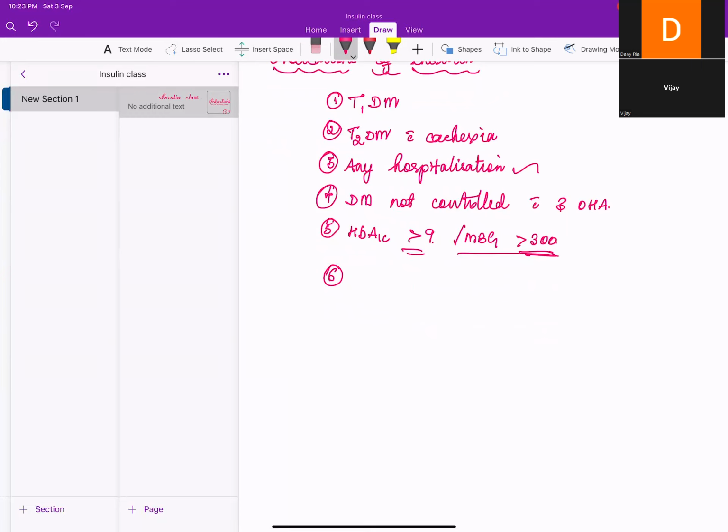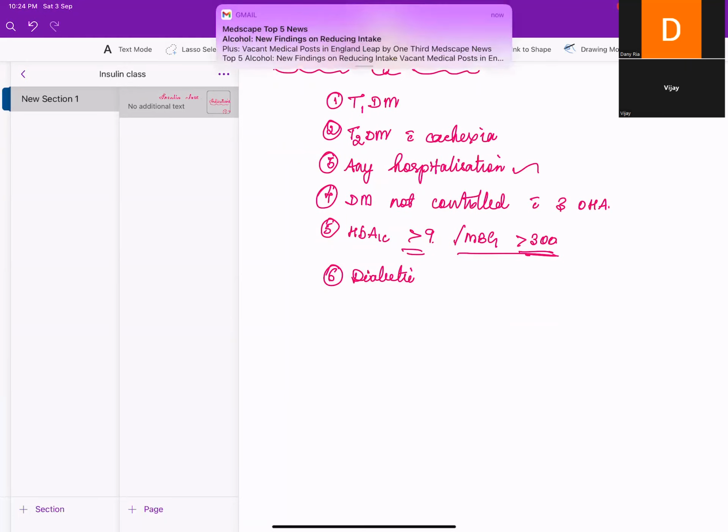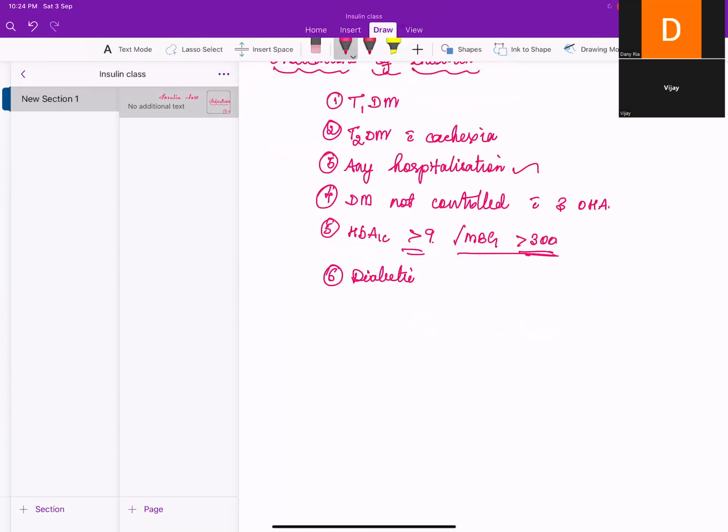One value cannot be taken as such; it must be persistently high. That's why HbA1c has more value. HbA1c more than 9 means the overall 3 months sugar itself is more than 300. A single value of hyperglycemia may not be significant, but many values more than 300 become significant.